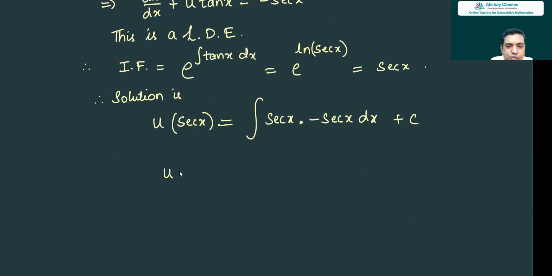So we get u secant x equals minus integral of secant square x, which is tan x, since the derivative of tan x is secant square x, plus c.